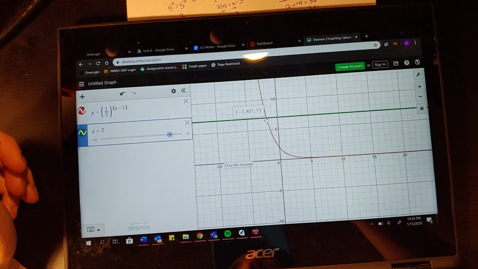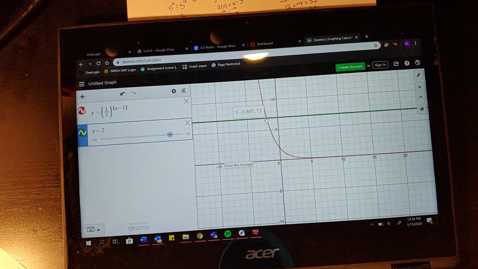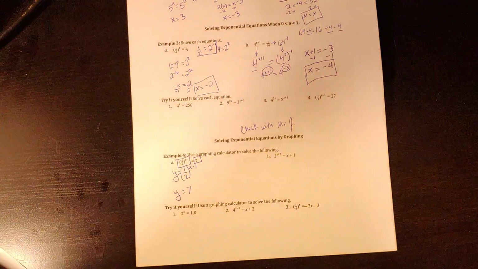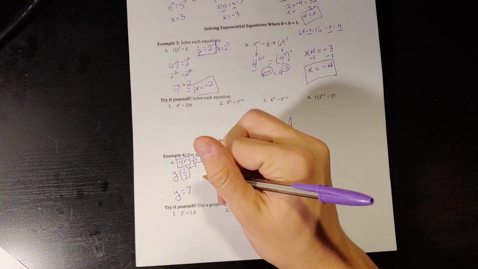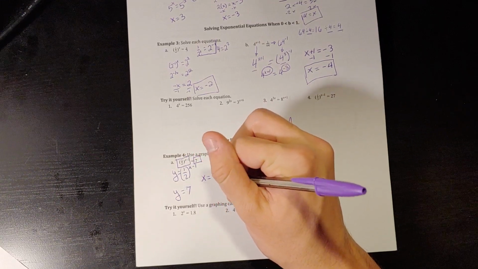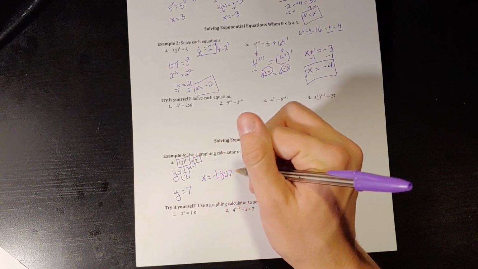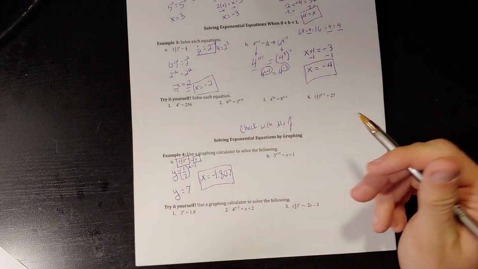So they intersect at negative 1.807, comma 7. So if I take a look back at the problem now, we were solving for x, so we're going to do the same thing here. X equals negative 1.807. And we're not going to round it because it's only 3 decimal places.